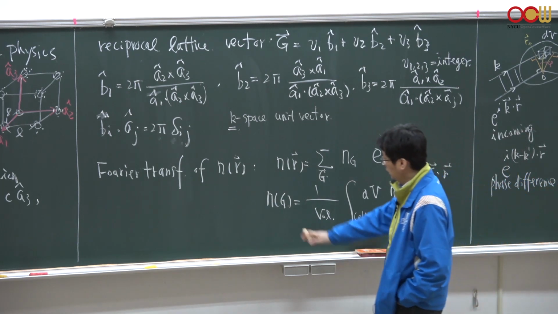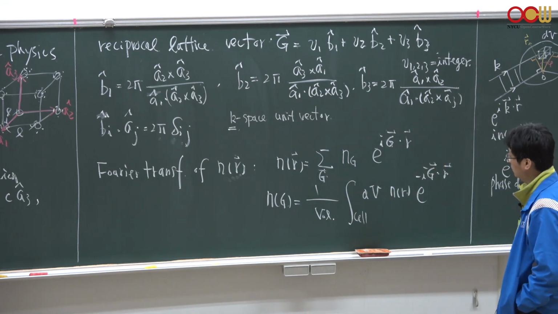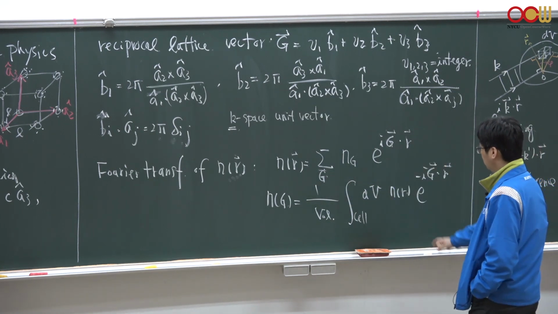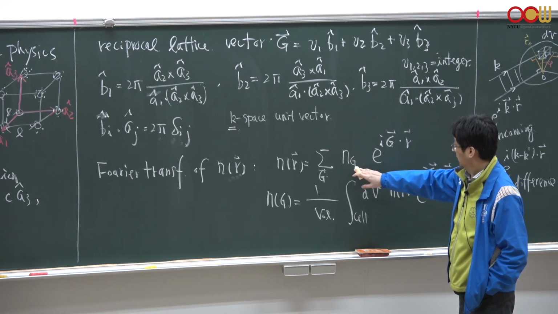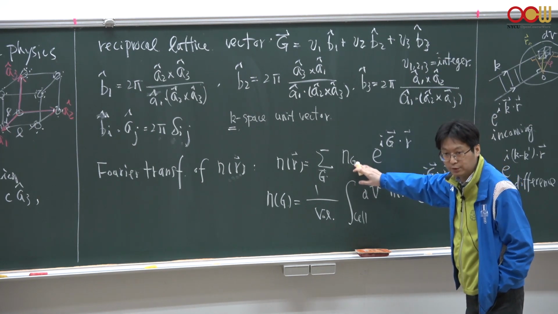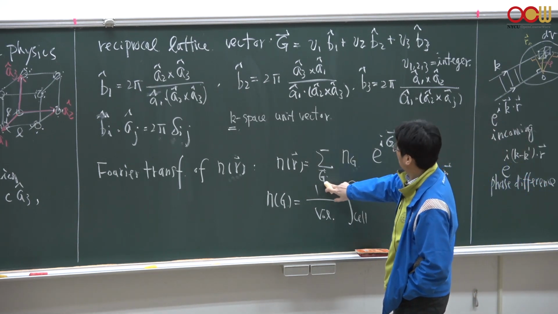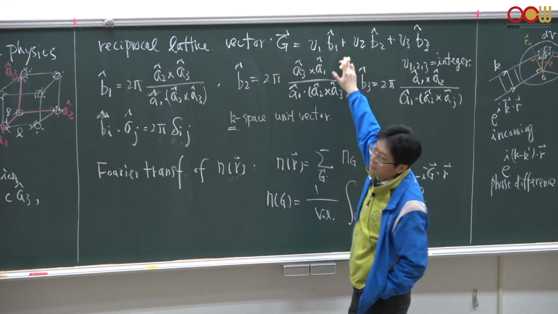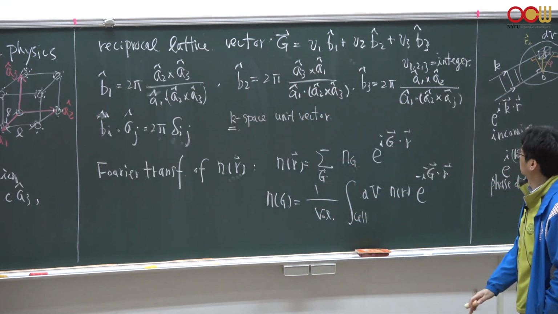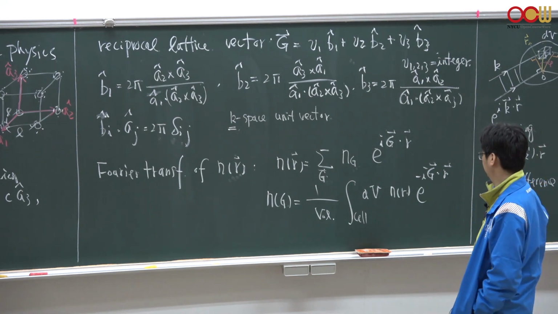Okay, so that's the Fourier transformation of this electron density function n(r) in terms of the Fourier sum of the electron density in reciprocal lattice space, and G refers to this reciprocal lattice vector G, which is a linear combination of these three unit vectors in reciprocal lattice space.